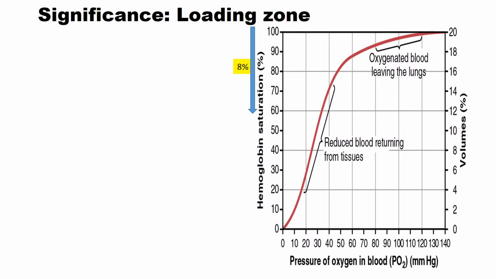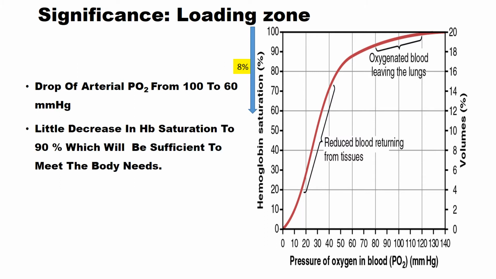Talking about the significance of the loading zone, we know that this zone is the upper flat portion that is 60 to 100 millimeters of partial pressure. So even when there is a drop of partial pressure from 100 to 60 millimeters, the drop in hemoglobin saturation is just 8%. That is from 97 to 89%. So it will be sufficient to meet the body needs.